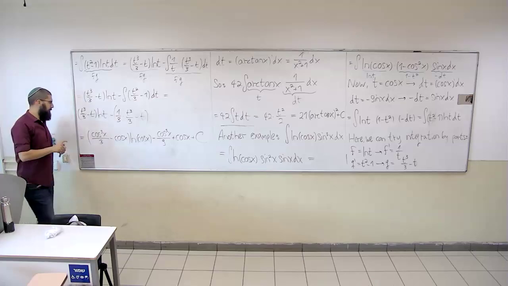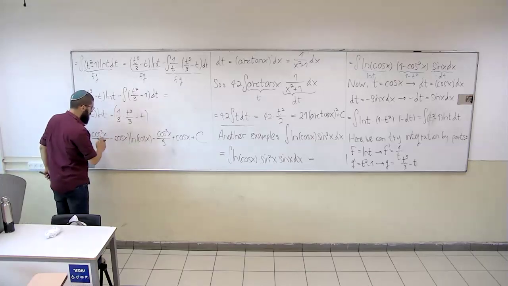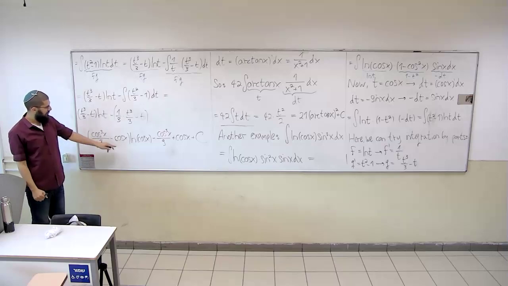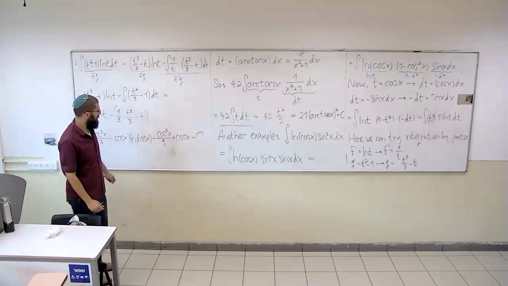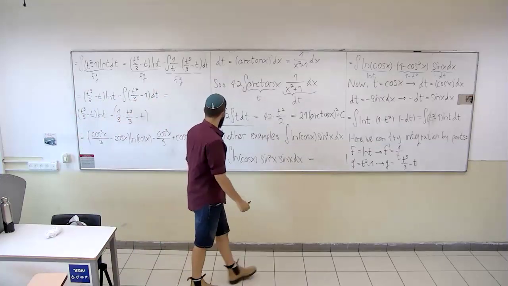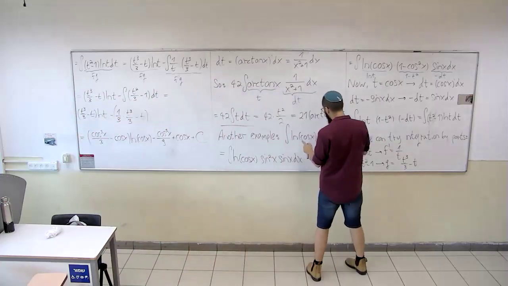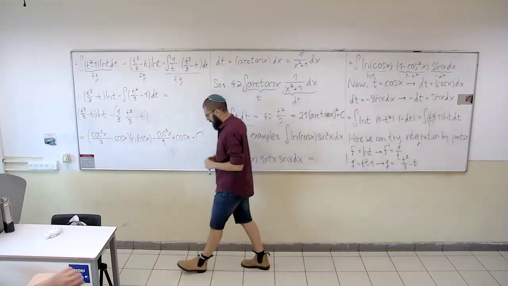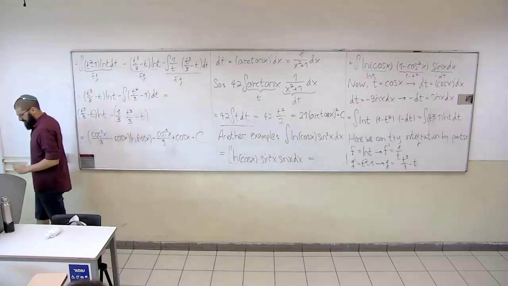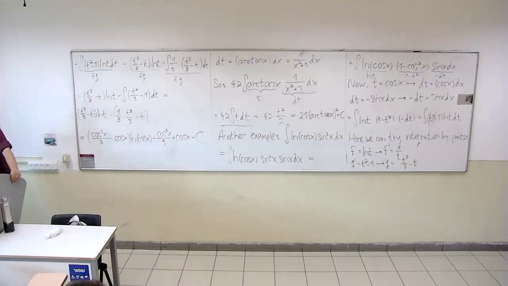So if I didn't make any mistake, though I can't promise anything, of course, this is our final solution. If you differentiate this function, you should get the integrand. First of all, it's much more complicated to calculate the derivative and be sure that we didn't make any mistake.